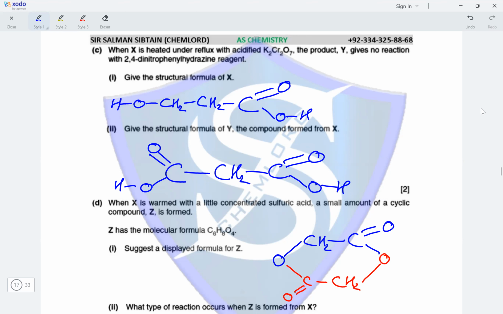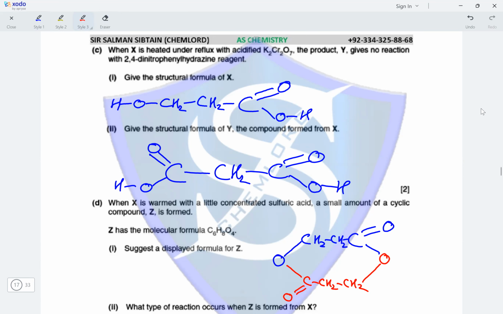The only thing that is incorrect in this structure is this molecule has two CH2 groups present. So instead of one CH2 group, we would mention two CH2 groups for each molecule. So redrawing the structure, we would have CH2, CH2, and CH2 and a CH2 for the second molecule as well.